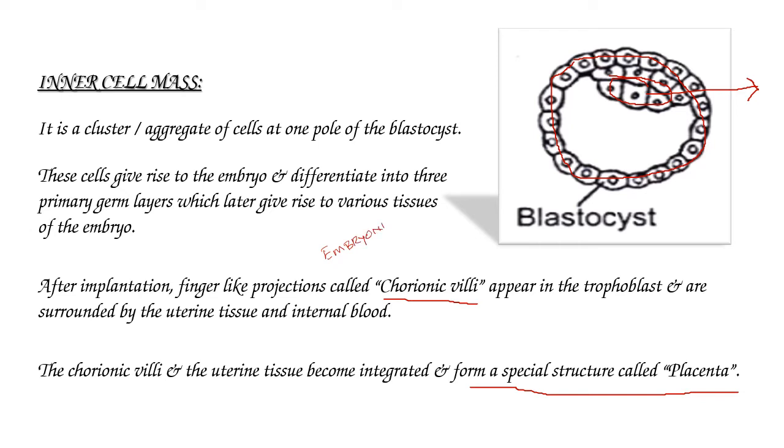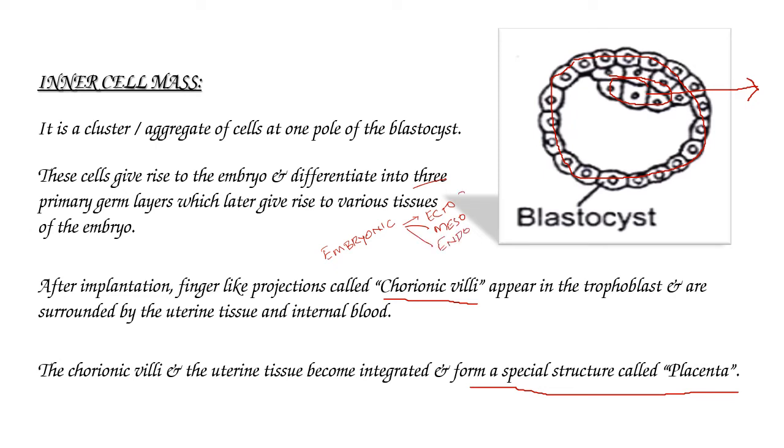These embryonic layers, as already mentioned, are three. One is the ectoderm layer, the second is the mesoderm layer, and the third is the endoderm layer.